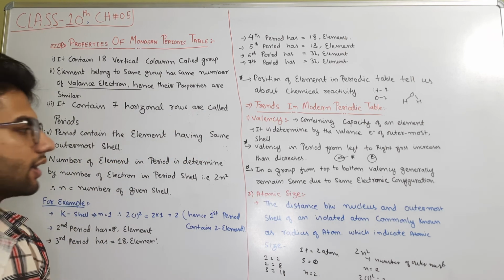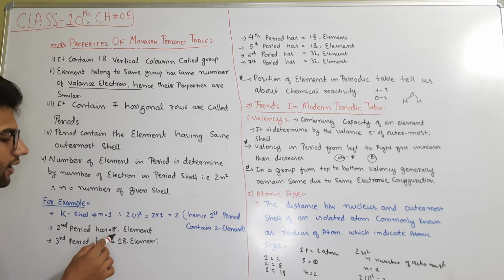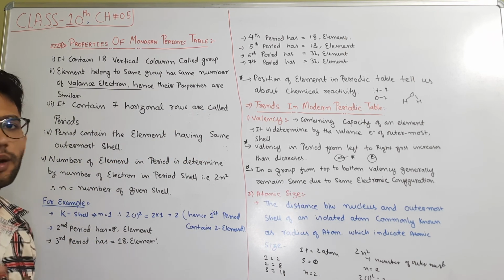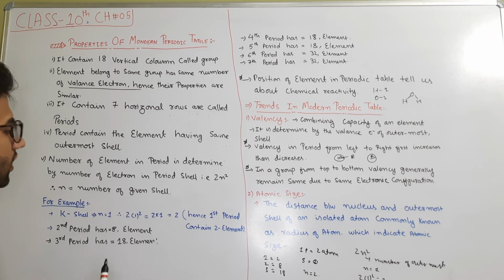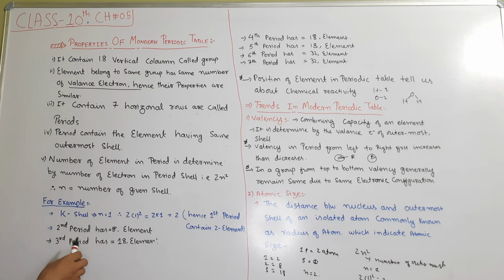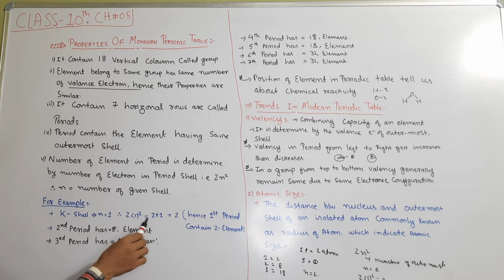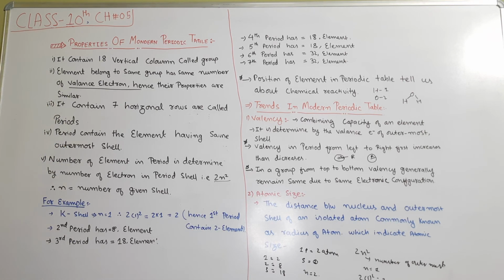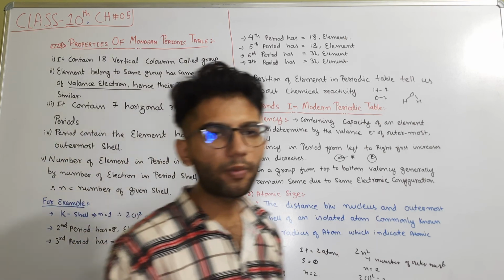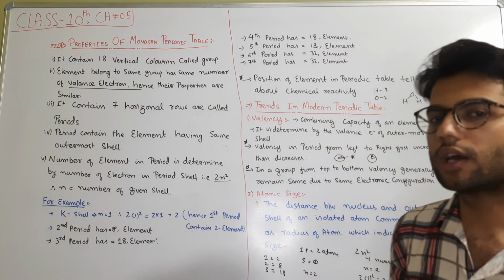So in this way, the number of atoms present in a period is decided by the number of electrons present in the outermost shell or in the respective shells. If we solve the formula 2n square, where n represents the number of the given shell, it will give us an idea of how many elements should be present in each period.